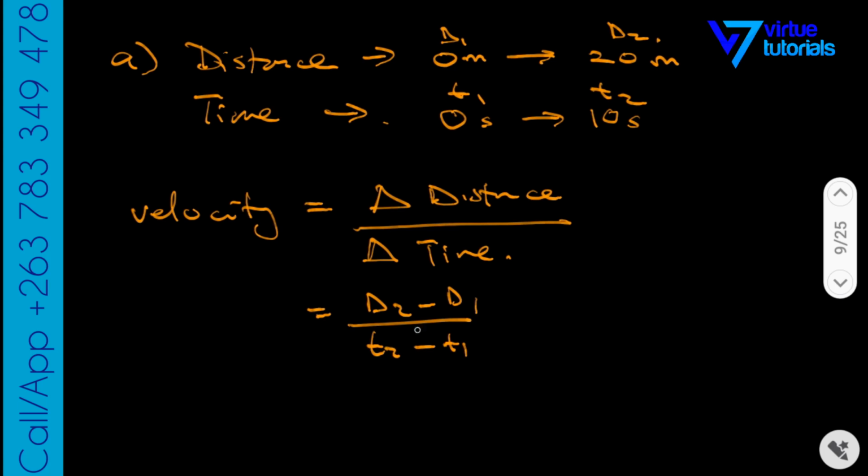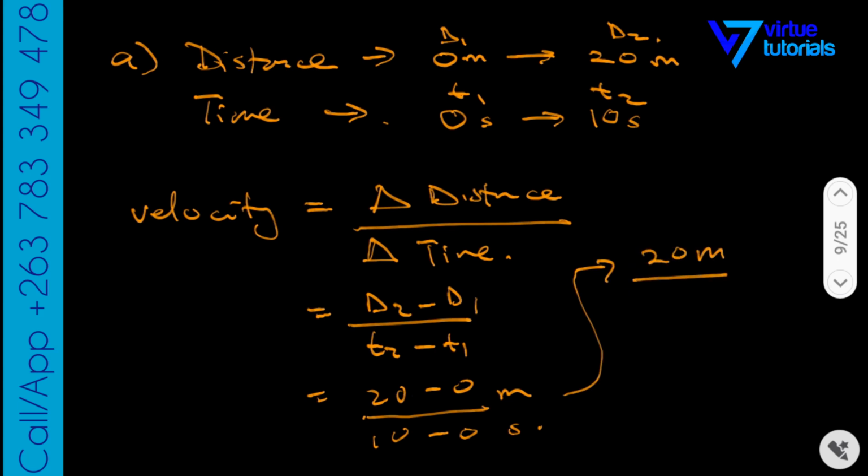So this gives you 20 minus 0 meters over 10 minus 0 seconds. 20 minus 0 is 20 meters, and 10 minus 0 is 10 seconds. So 20 divided by 10 is 2, and your result is meters per second. You get your units from that calculation as well.